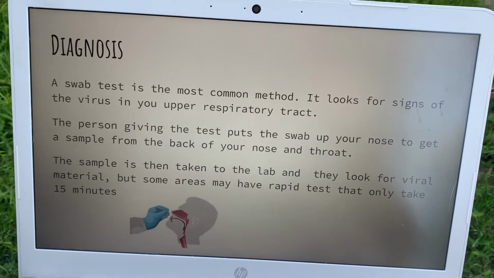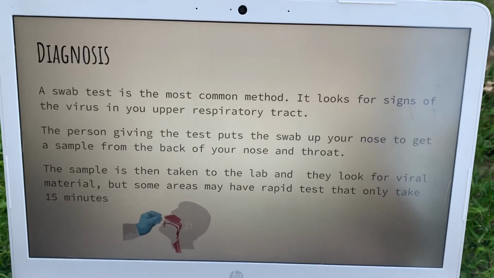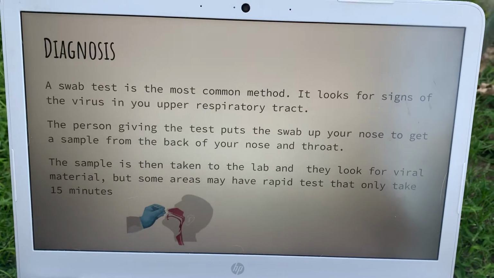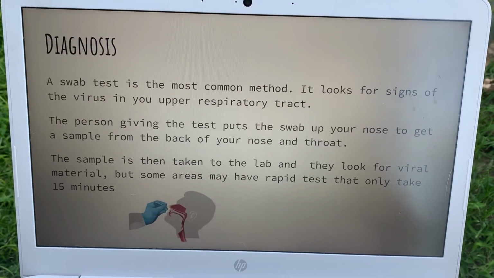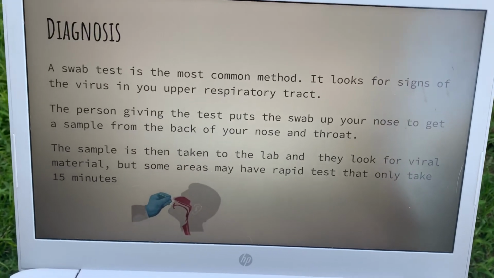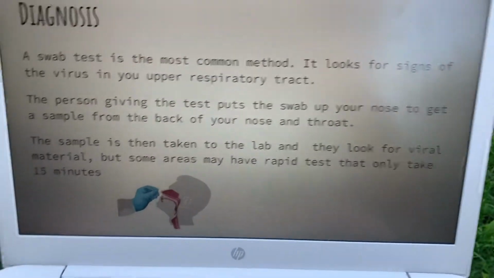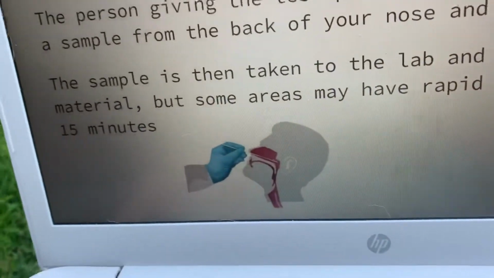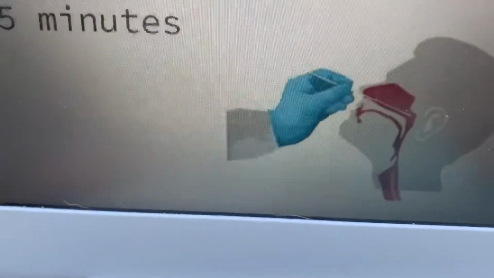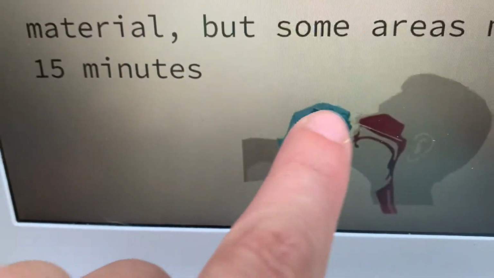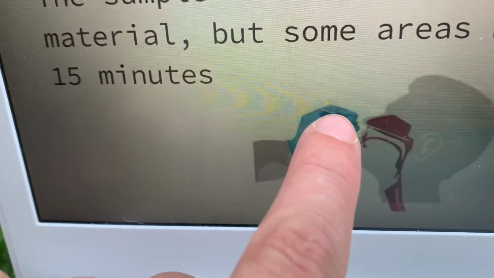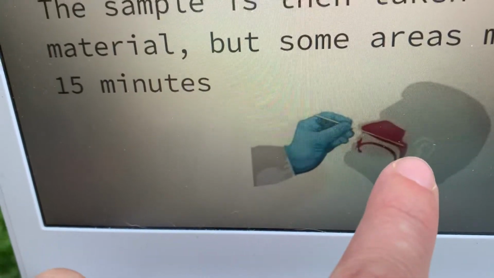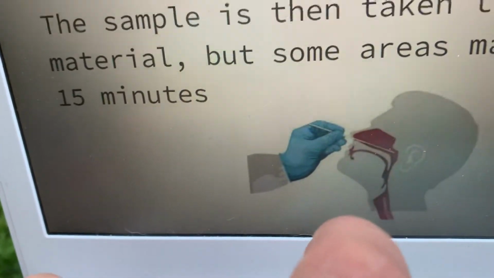It looks for signs of the virus in your upper respiratory tract. The person giving the test puts the swab in your nose and gets a sample from the back of your nose and throat. As you can see in this picture, the person is inserting the swab into the person's nose and tickling the back of their throat.